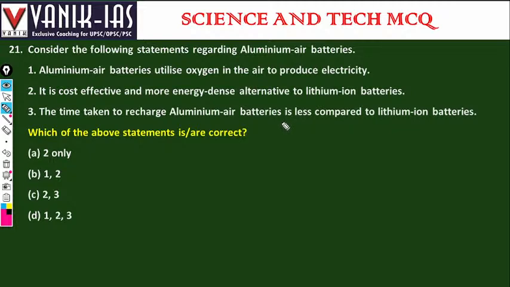So, which of the following statements are correct? It utilizes oxygen in the air to produce electricity. This is right. It is a cost effective and more energy dense alternative to lithium ion battery. That is also right. But here there is another statement: time taken to recharge aluminum batteries is less as compared to lithium ion batteries.